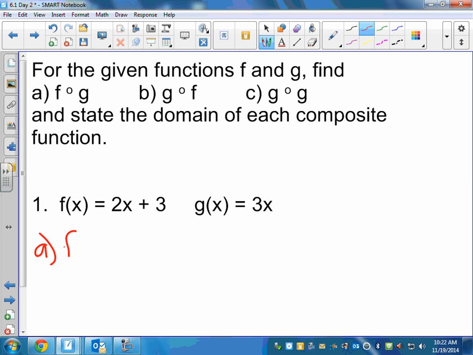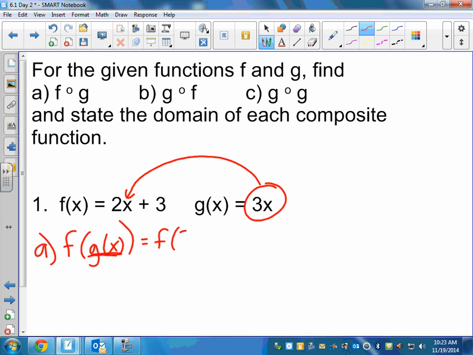If I do f of g of x, I automatically change that composition to a parenthesis. Some people show a lot of work, some people don't need to show a lot of work. What am I doing? I'm going to take g of x, which is not a number now, it's a function, and I'm going to plug it in wherever there's an x in f of x. So start with the inside function. You can replace g of x with what it equals, which is 3x.